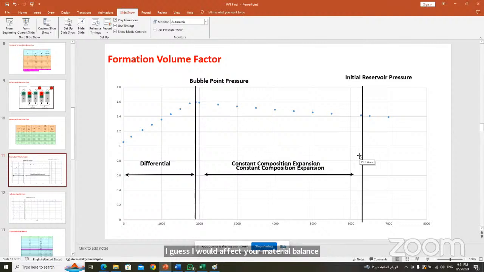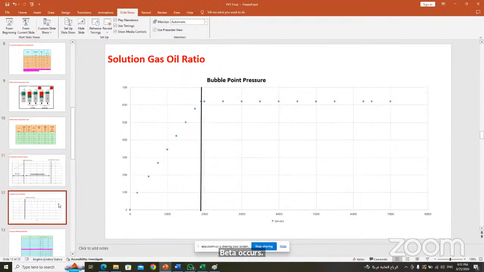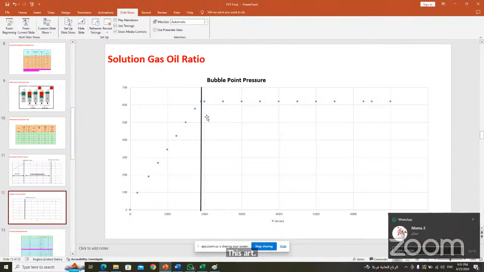I have seen errors up to 100% or more in the material balance calculations due to errors in the slope of this curve, especially if you use correlations to estimate your Bo curves.